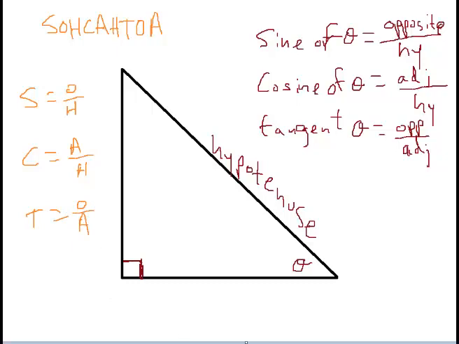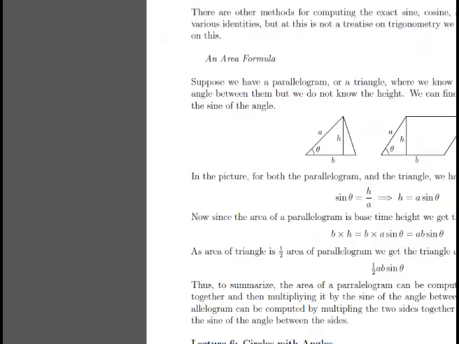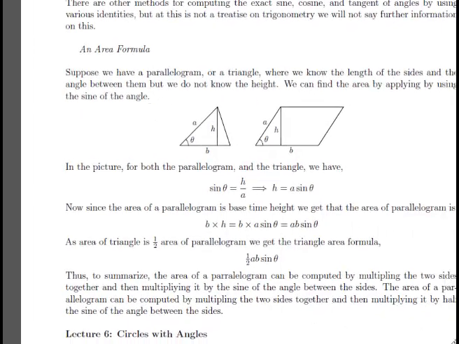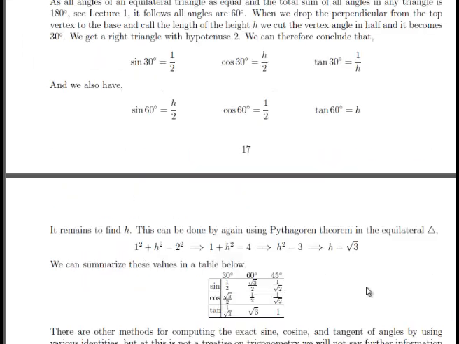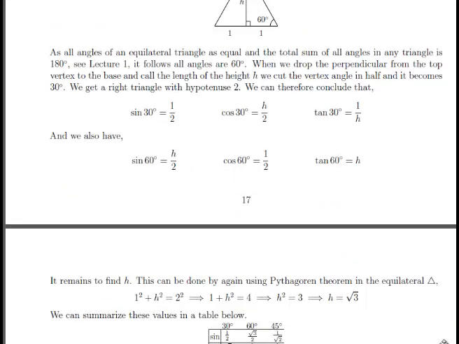Now, there are charts all over the place online in terms of how to figure this out. There are literal charts. I mean, every angle has a particular set of numbers. 30 degrees, I think, is actually listed over here. The sine of 30 degrees happens to be a half.